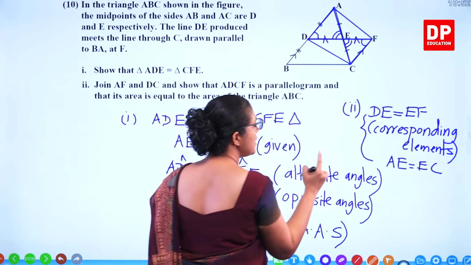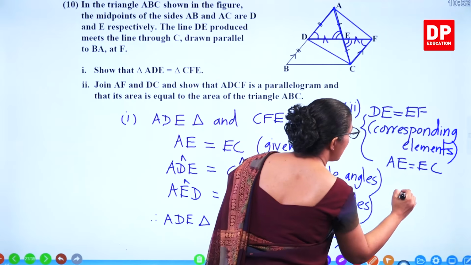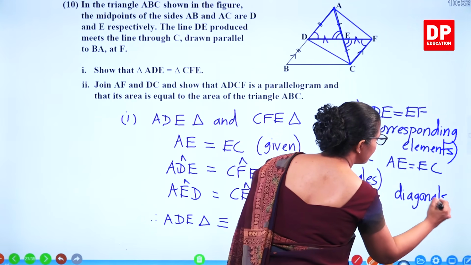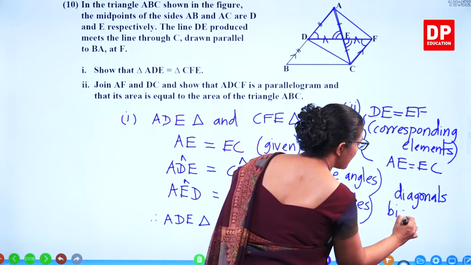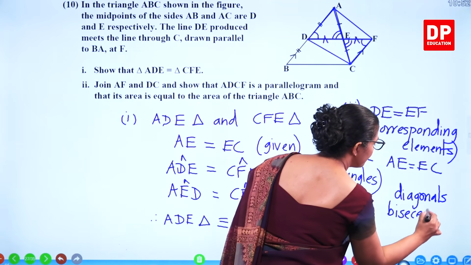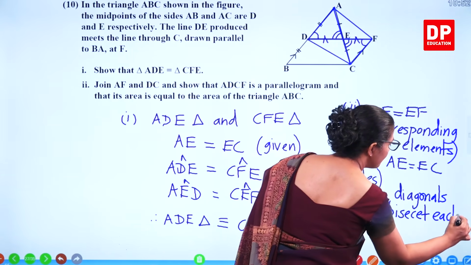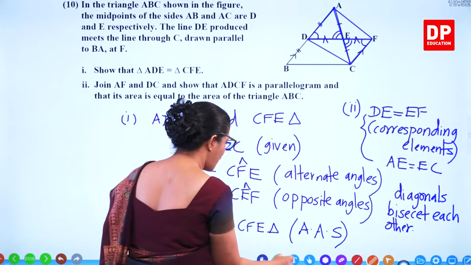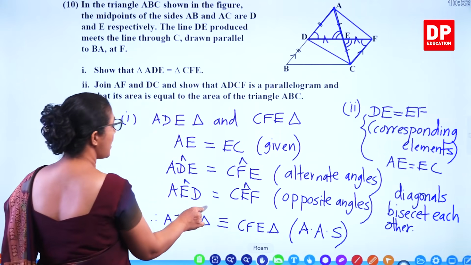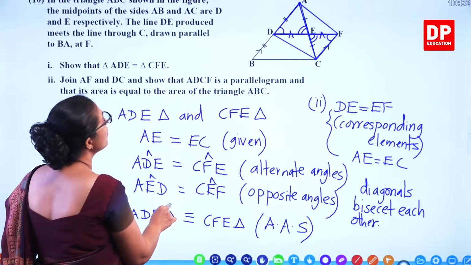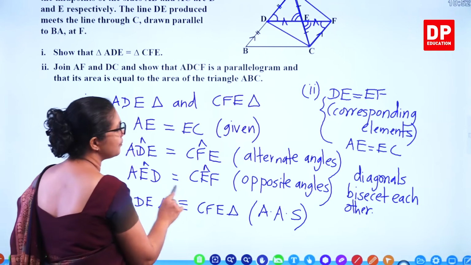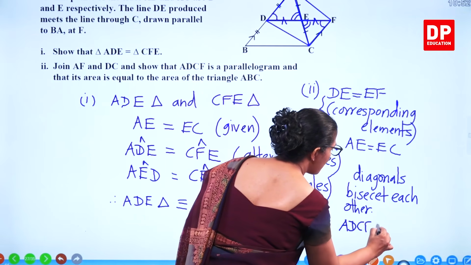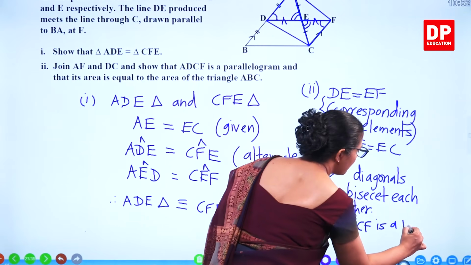From these two we know that diagonals bisect each other. So therefore, it's a parallelogram. So you can say ADCF is a parallelogram.